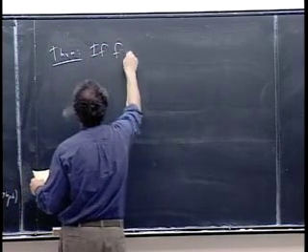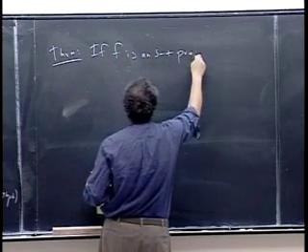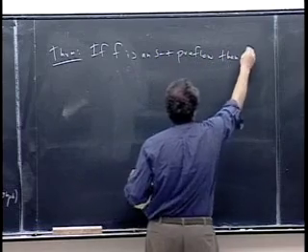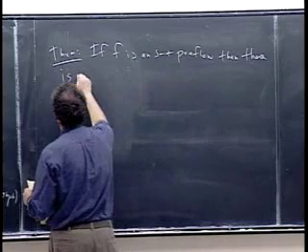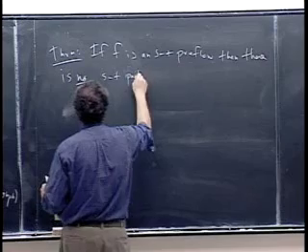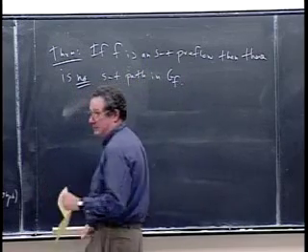If F is an ST preflow, then there is no ST path in the residual graph. Okay?